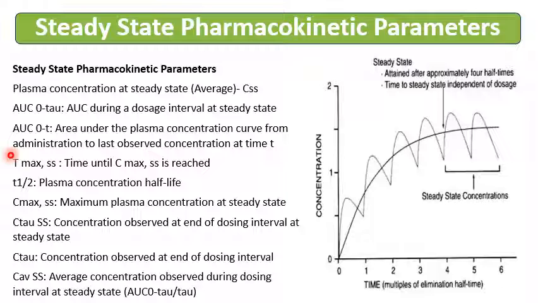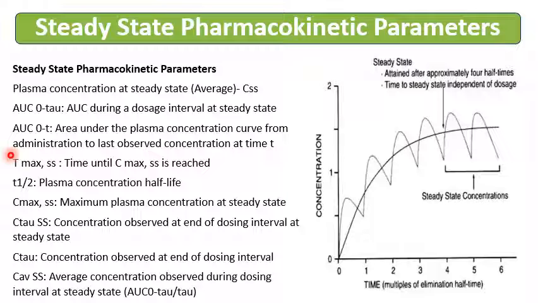Now AUC 0 to tau and 0 to t. You might have seen AUC 0 to t, 0 to infinity. So here 0 to tau is there. That means the interval. You have given the first dose and then the second dose. You are repeating the doses, and in between the doses there is an interval. So that AUC is measured, and that is called AUC 0 to tau.